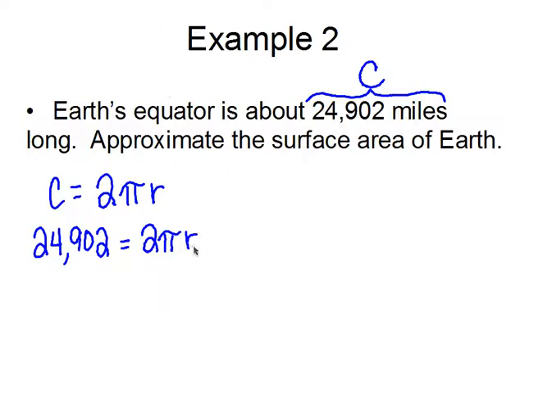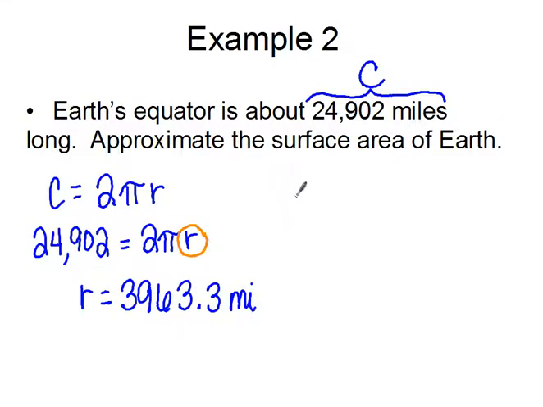I need r because I have to plug it into the surface area formula. So we're going to do a little division. We're going to take 24,902 divided by 2 and then divide by pi. The radius of Earth is 3,963.3 miles. That's a pretty big radius.